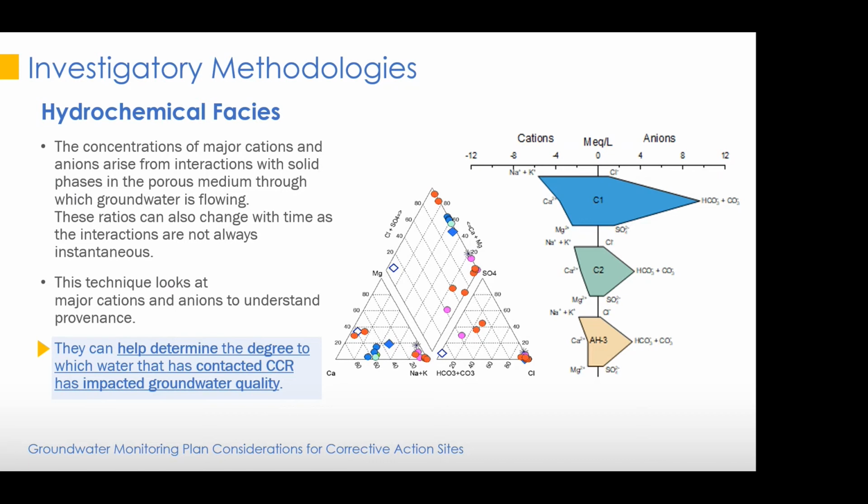In these triangular and diamond-shaped diagrams, it's also separating things out relative to their origin and trying to show whether the red dots are the same or different than the blue dots. So the idea is that looking at the major cations and anions, as well as some of the Appendix 3 and 4, can help separate the origin of the groundwater geochemical assemblages.